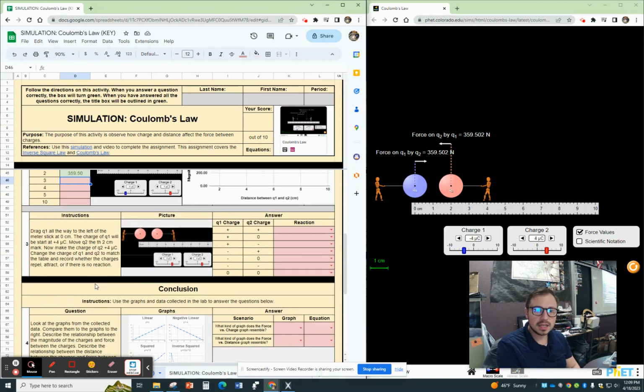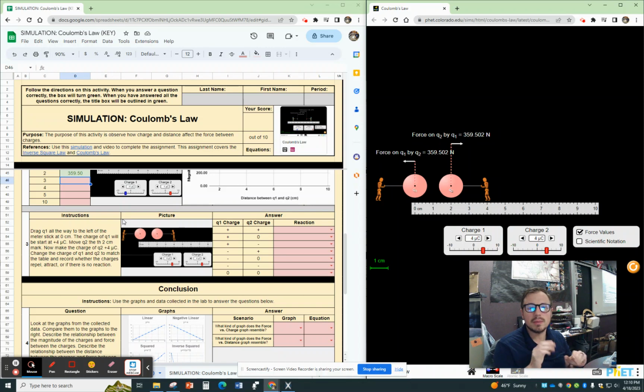Now the next one is just changing the different charges. So it's already on the centimeter mark. We want +4 and +4, right? So we want them both at +4 microcoulombs. There we go. In this one, it's pretty easy.